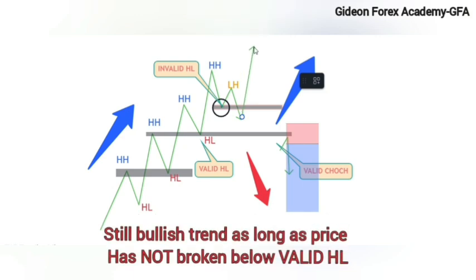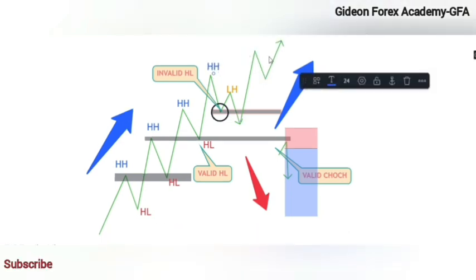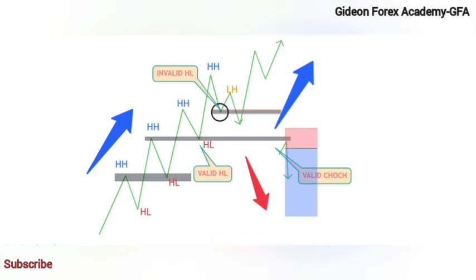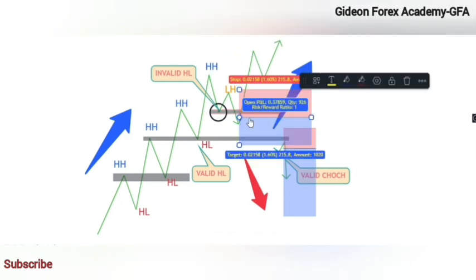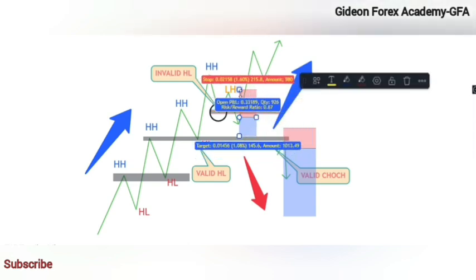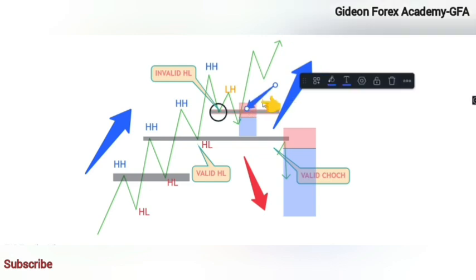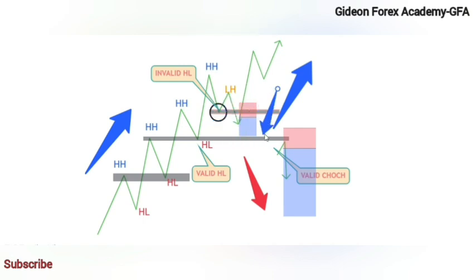It could form higher highs and continue going upward, and form higher lows. So this is the danger. If you place your sell inside here, considering this inside structure as a change of character, then your stop loss would be taken out here, because this market inside here, or above this higher low, is still very much a bullish market.